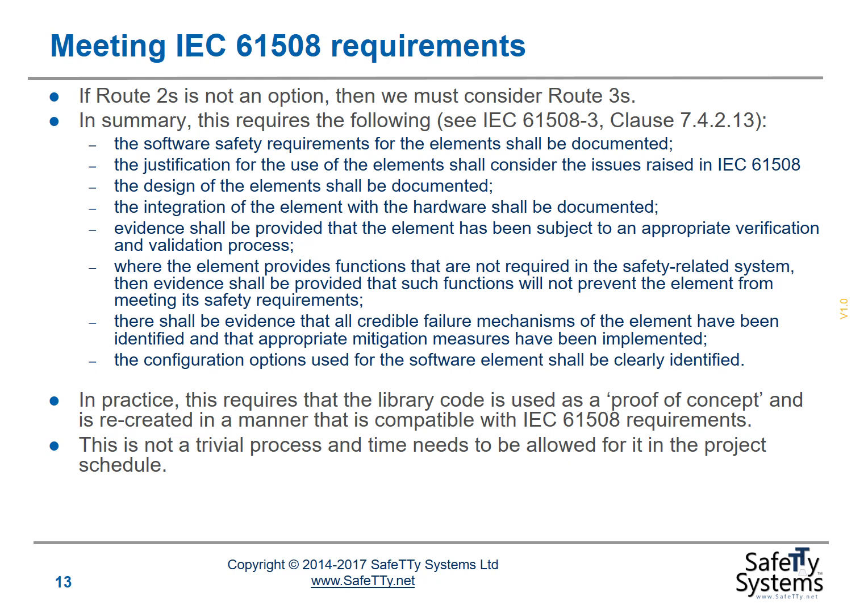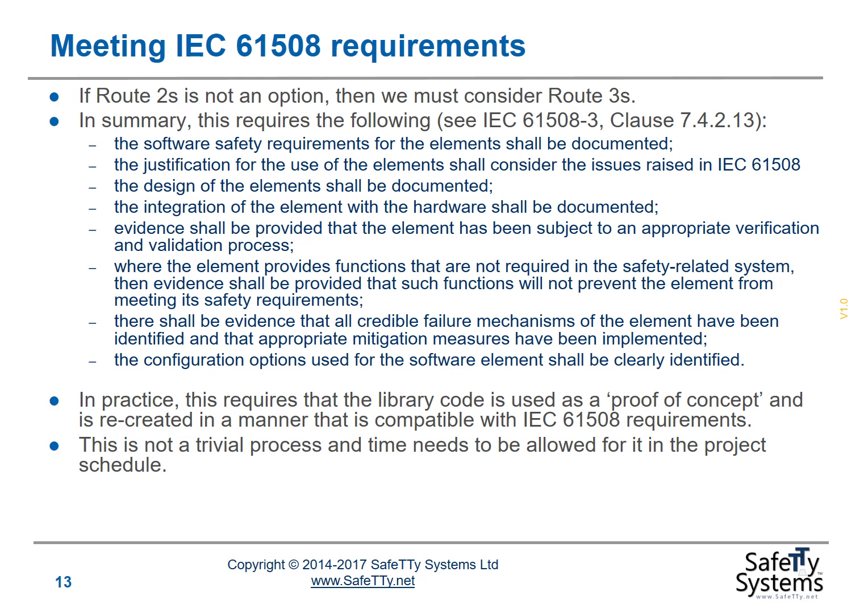We need to justify the use of the elements by considering the issues raised in IEC 61508. We need to draw up a design of the elements. We need to consider the integration of the element with the hardware. We need to provide evidence that the element has been subject to an appropriate verification and validation process.